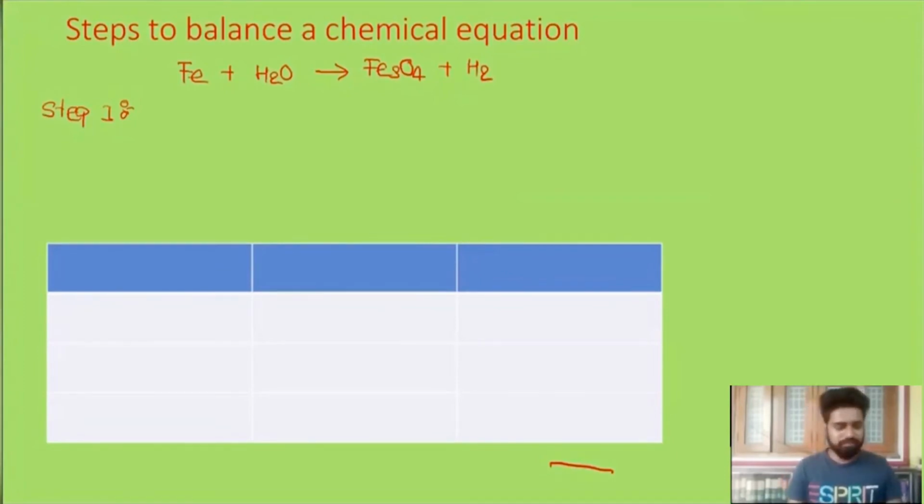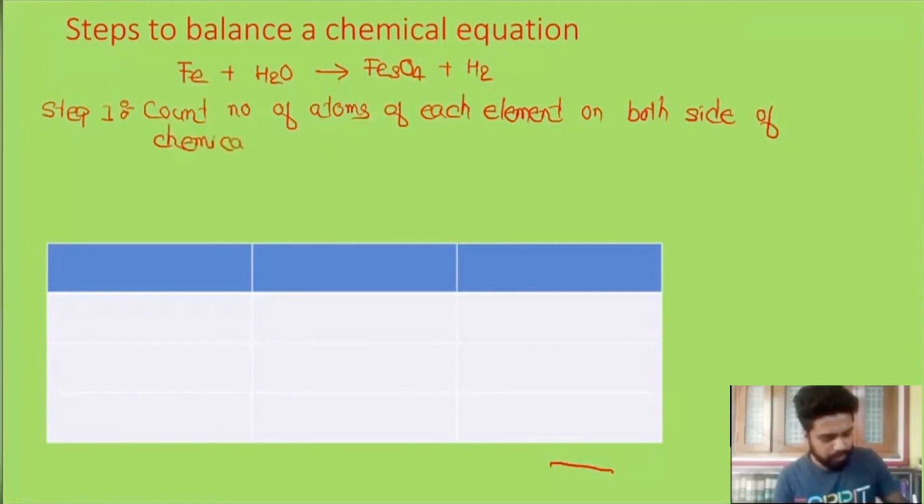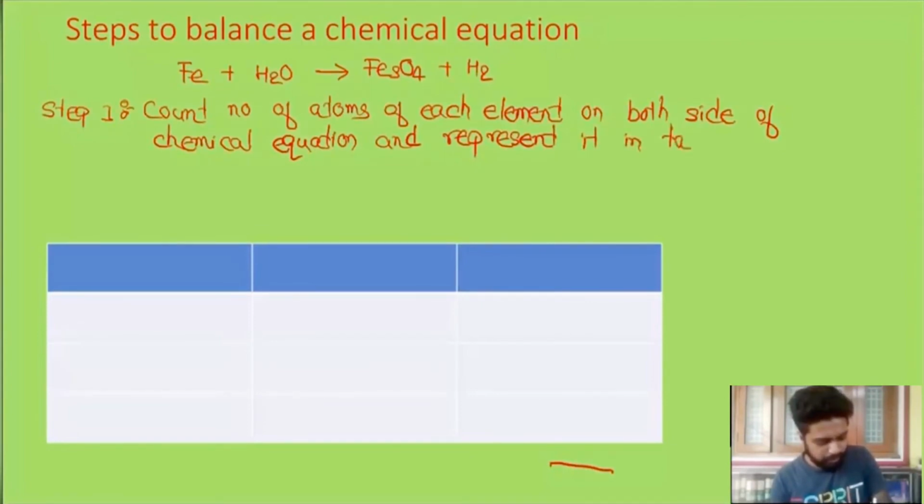So let us note down the step: count the number of atoms of each element on both sides of the chemical equation and represent it in tabular form.